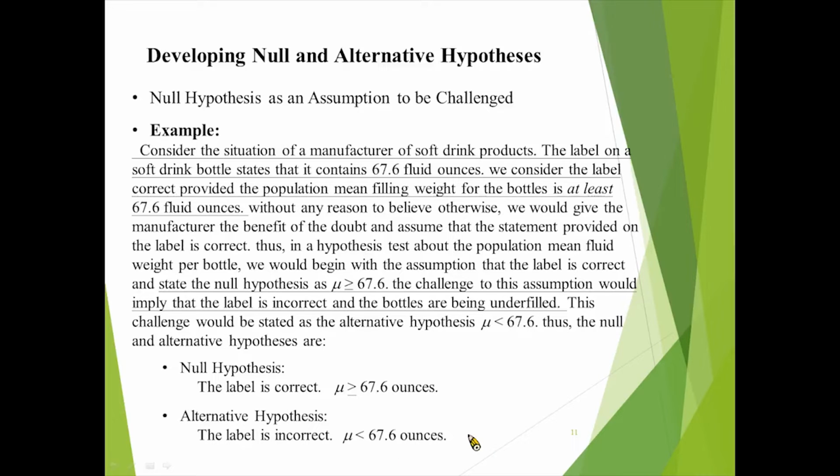Okay, so we can see the equal sign is in the null hypothesis. 67.6 is the limit. So what we want to find is larger than 67.6. Okay, this is the null hypothesis.